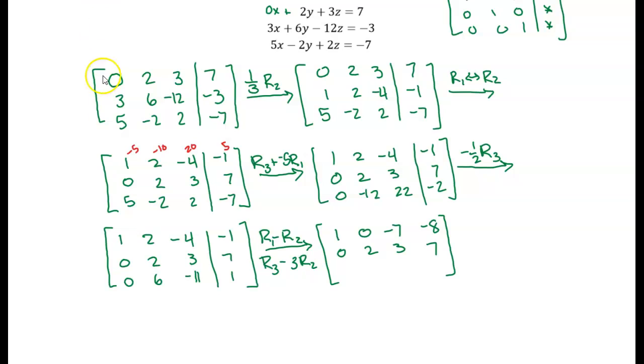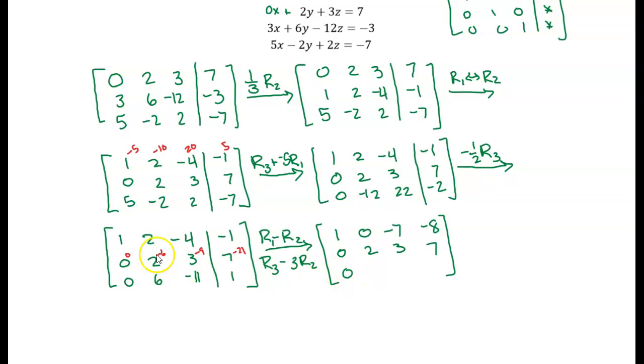What is -3 times row 2? All right, so -3 times row 2, I take -3 times 0, I get 0. This becomes a -6, right? This becomes a -9, and this becomes a -21. Okay, so that's -3 times row 2, right? I could write a 0 here, but it's the same. Anything times 0 is 0. So, all right, now let's do that.